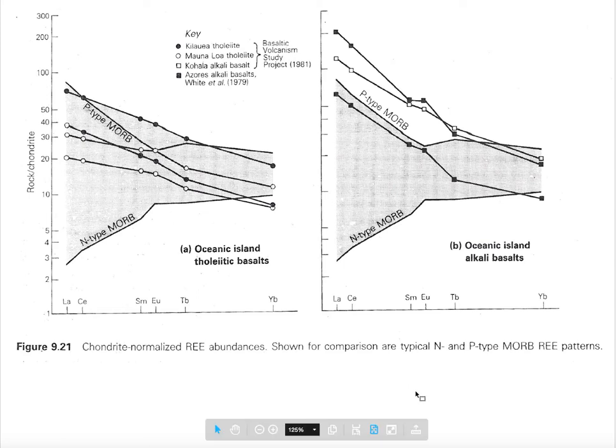So then we have here the oceanic island alkali basalts. Here we have the oceanic island tholeiitic basalts. And here we have then the oceanic island alkali basalts. So in the alkali basalts, they are even more enriched.